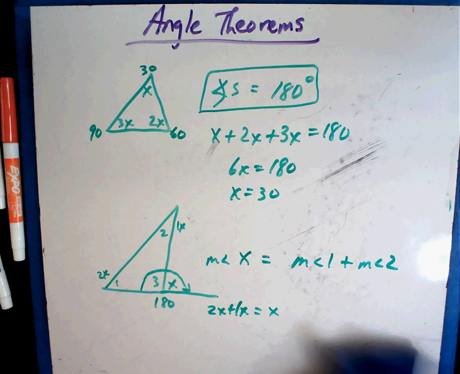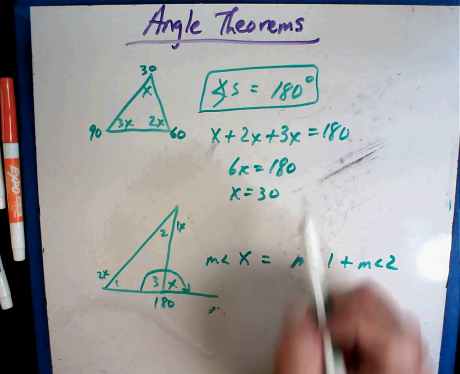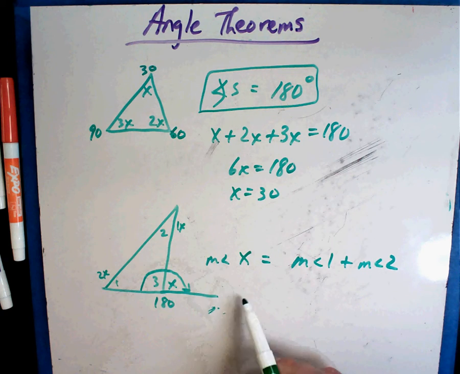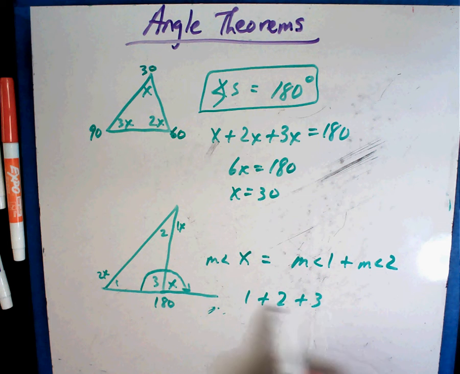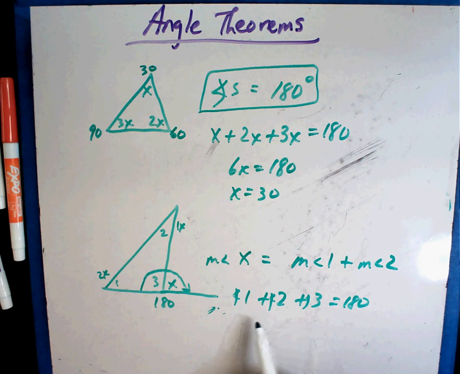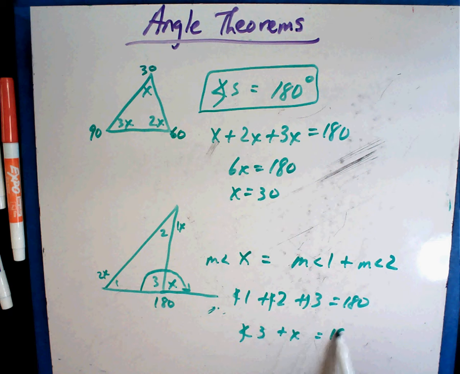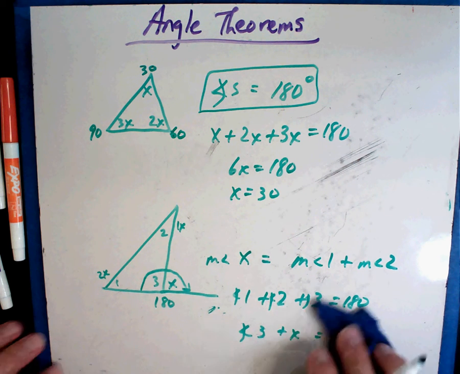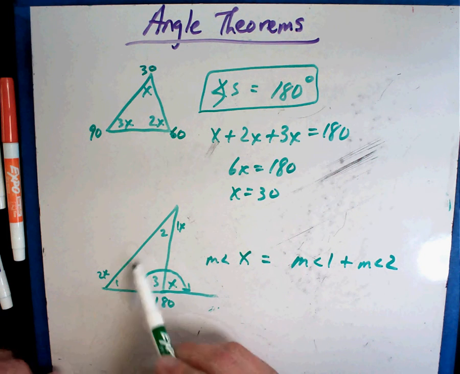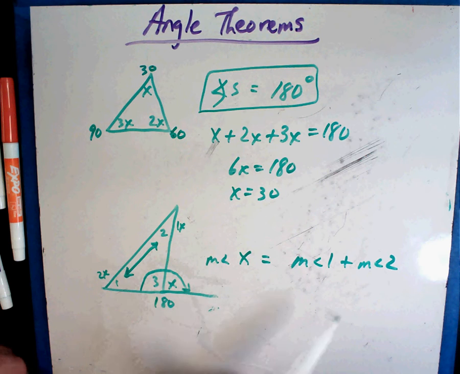And the reason that's going to be true is, since this rule says that all the angles equal 180, angles 1, 2, and 3 equal 180, and then on a line, angle 3 plus x equals 180. If you put those two formulas together, since they both are 180, it helps you to know that this outside exterior angle is equal to these two added together.